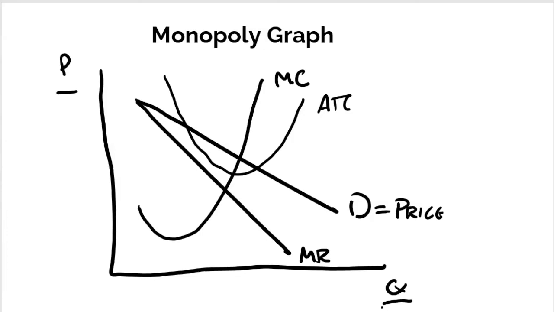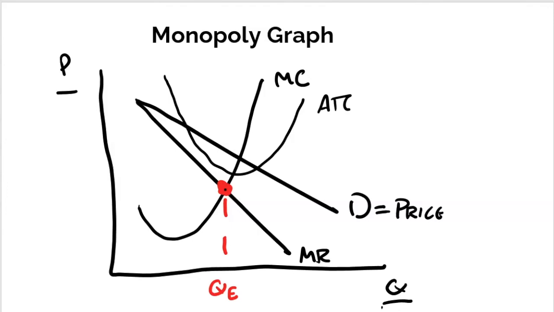And so here, we said in the last slide, we still want to go to where MR equals MC. That is still the profit maximizing point. So this represents MR equals MC, and this represents our quantity. What is different, however, is we do not go directly across for the price. That is not our price. And the reason for that is because monopolies, oligopolies and monopolistic competition are price makers.